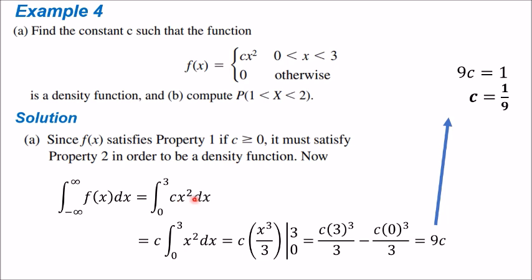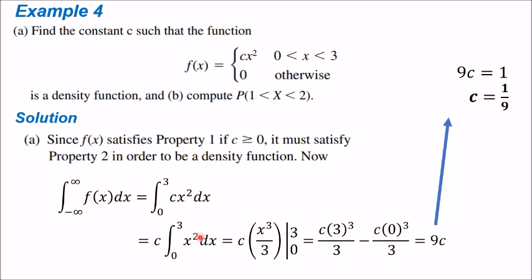Now let's evaluate this. Because c is a constant, according to our rule we can take it out. So it becomes c times the integral of x squared dx, evaluated from 0 to 3. How do we integrate? I simplified it: just add 1 to the exponent.